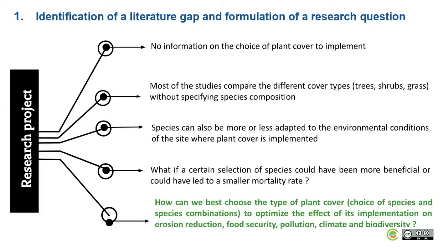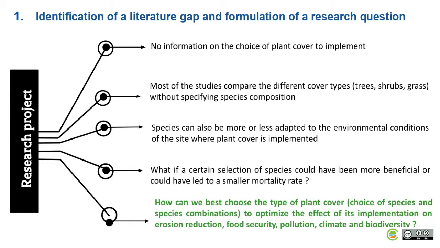After researching and reading several articles related to the GGP, we found that they talk about the different targets of soil erosion, of pollution, of biodiversity, etc. But we found a lack of information about the choice of plant cover that has been implemented in this project. And most of the studies also compare the different cover types without specifying a species composition.